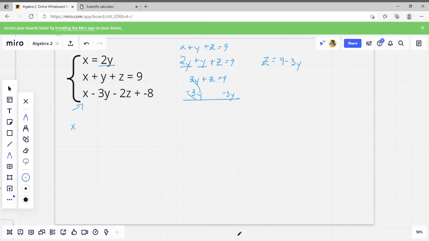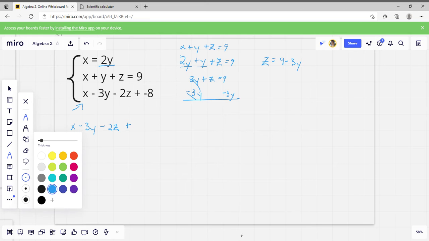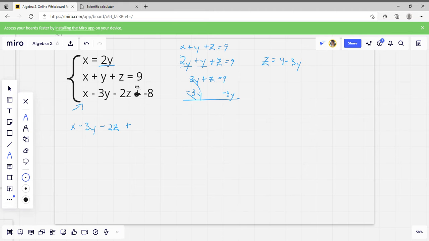So I've got x minus 3y minus 2z, and that's supposed to be equals negative 8. Typo, whoopsie. Okay, so x minus 3y minus 2z equals negative 8.